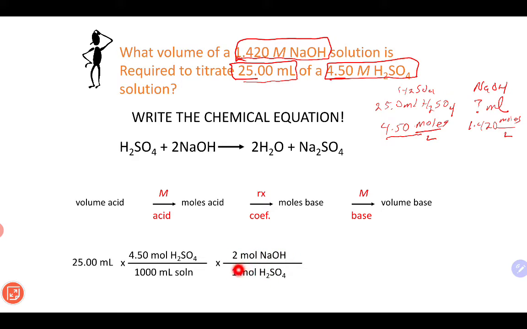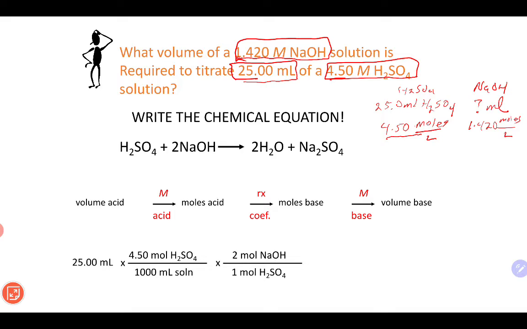There's 2 moles of NaOH for every 1 mole of H2SO4, according to the balanced equation. And now I want to convert the moles of NaOH back to volume of solution. And again, the conversion for that is the molarity. The molarity for NaOH is 1.420 moles per liter. And I want milliliters.